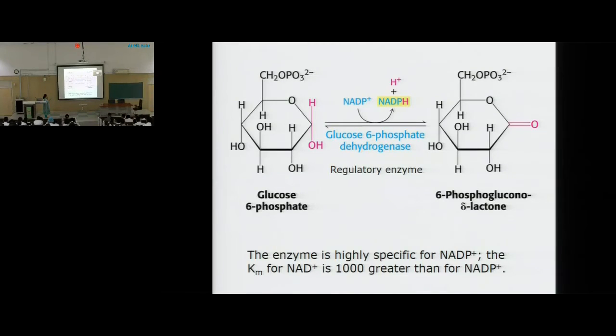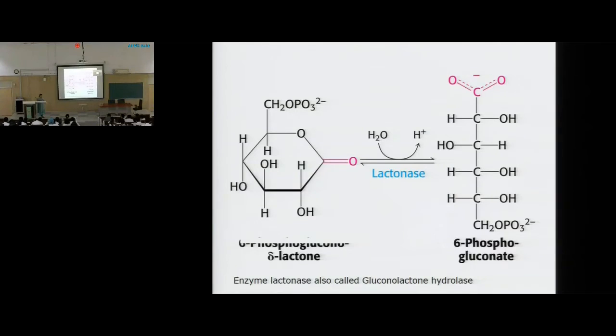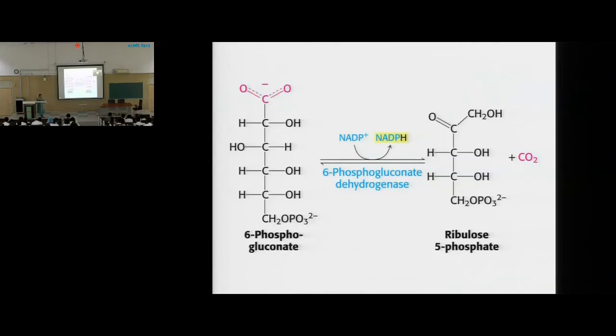So it is highly specific, so it will function only when NADP is present. It is a rate controlling enzyme of HMP shunt. This I have already explained. The ring opens. I will not explain because I want to finish HMP shunt. You can go and read it again. If you have any doubts, you can come.